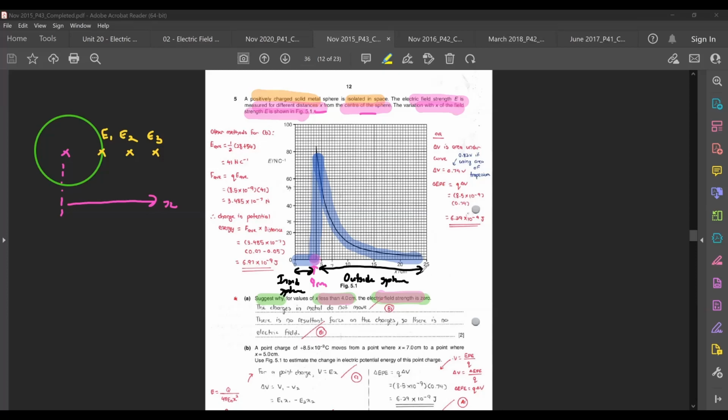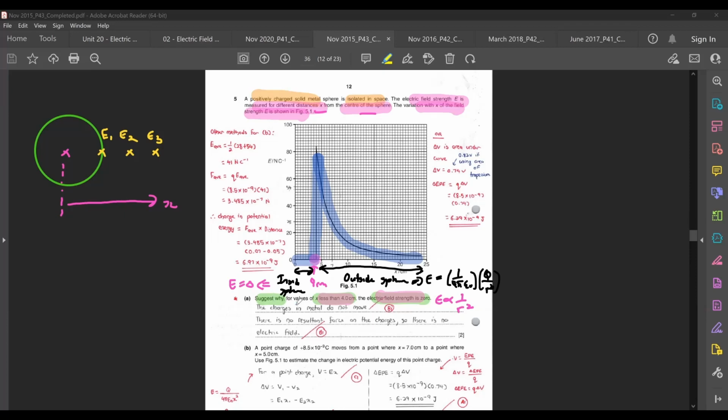And the variation that you see here follows E equals 1 over 4 pi epsilon naught, Q over r squared, such that E is inversely proportional to r squared. But for the part inside the sphere, E equals 0. I explained it to you last week already, or the lesson before that.